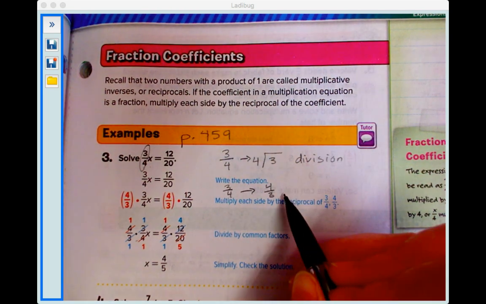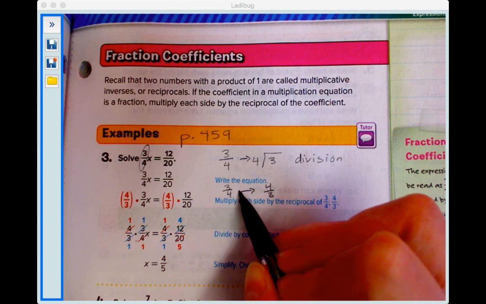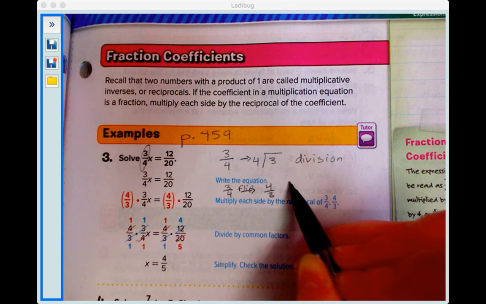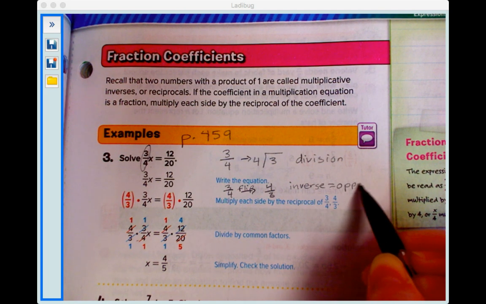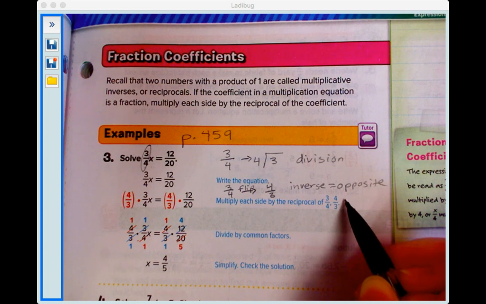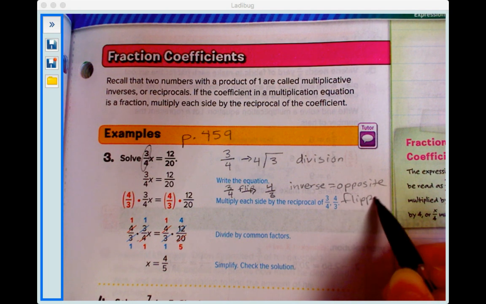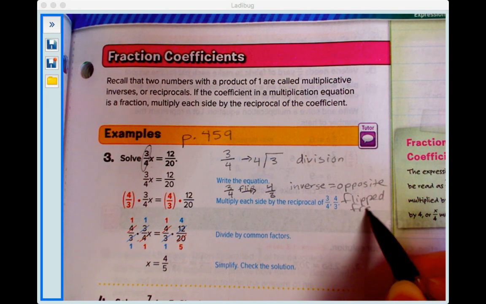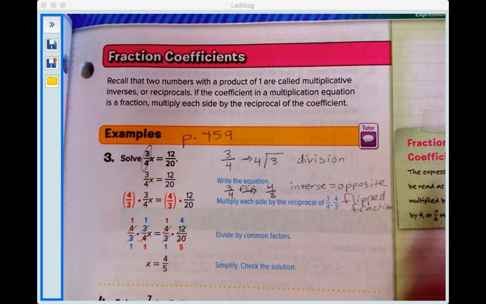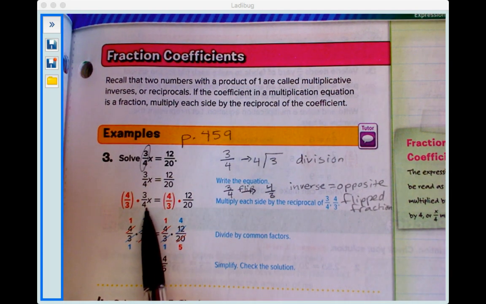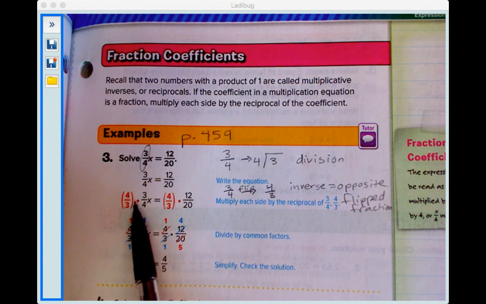That means you're going to flip it. Inverse equals opposite. It means flipped fraction. So the flipped version of 3 over 4 is 4 over 3.